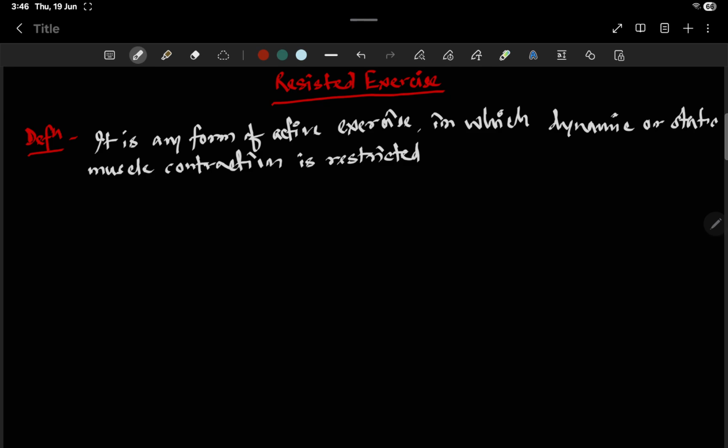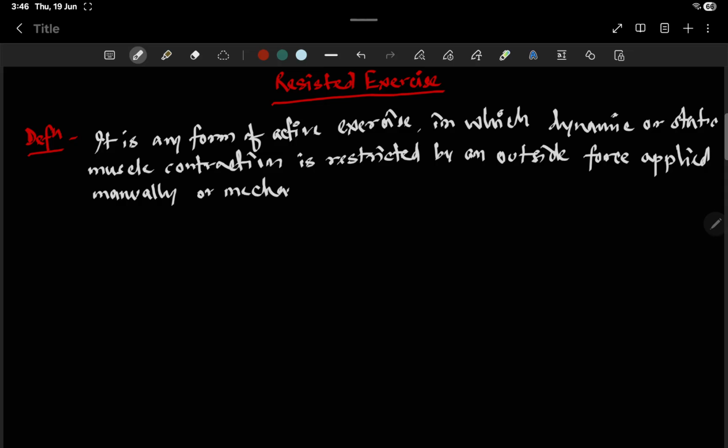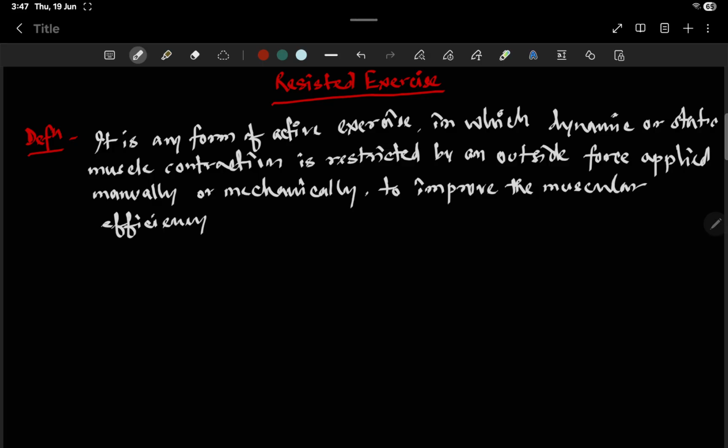Any type of contraction which is restricted by an outside force applied manually or mechanically to improve the muscular efficiency is known as resisted exercise.